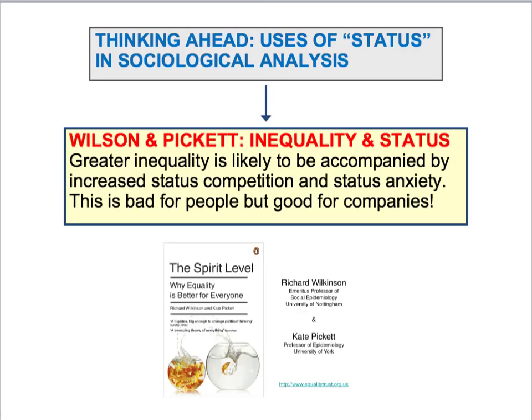So according to Wilkinson and Pickett, we should dislike living in a society where there are big gaps between the rich and the poor, because it produces status anxiety, and they believe that such anxiety in turn leads to chronic stress, health problems and other undesirable social outcomes.